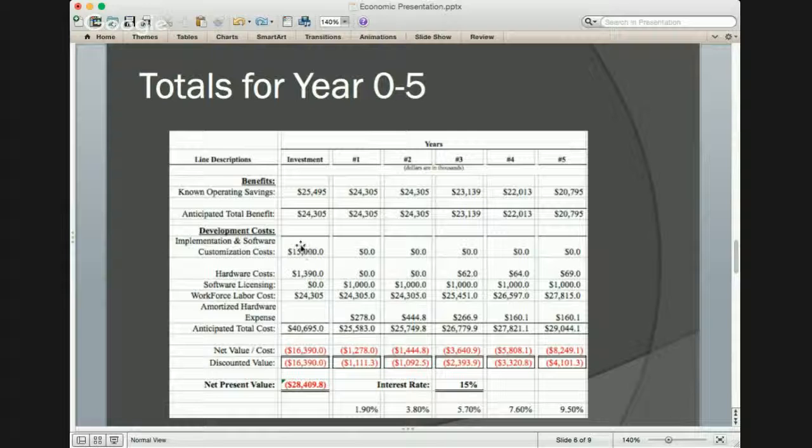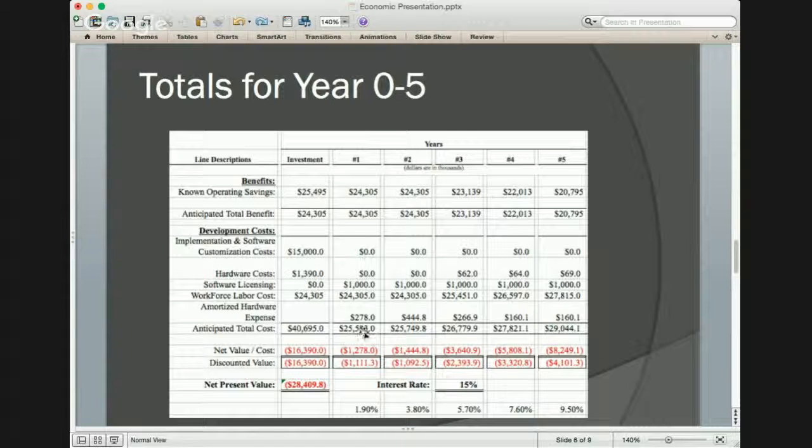So that's these columns added together, and then on down the line, these are the costs. The first year it's obviously going to cost a lot more because we have the implementation and the software customization costs. So that number jumps up quite a bit.